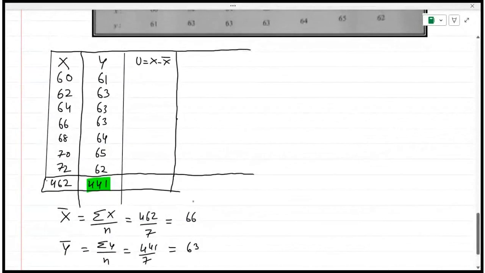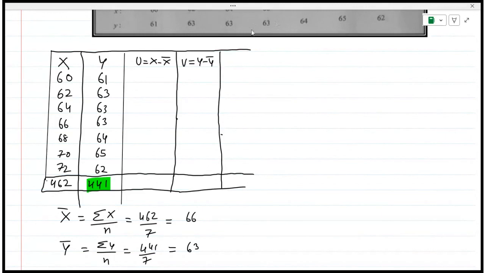Now we will find u and v. So u is x minus x bar, v is y minus y bar. The x value 60 minus the mean of x, 66.